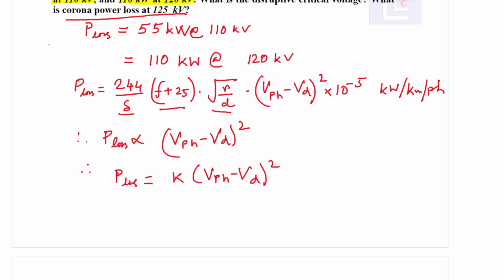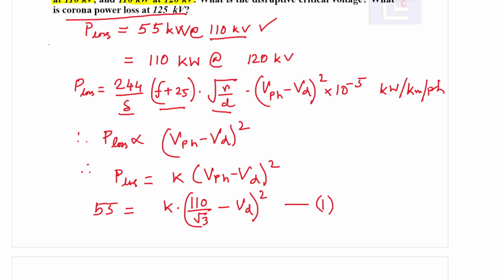If we use the first condition, we have 55 kilowatt equal to K into V phase minus VD whole square. We have 55 kilowatt at 110 kV, so we should put the value 110 by root 3 minus VD whole square. This is equation 1.